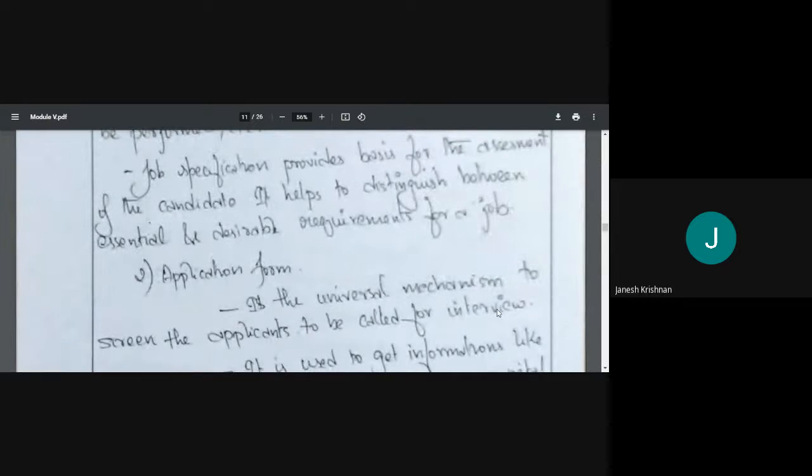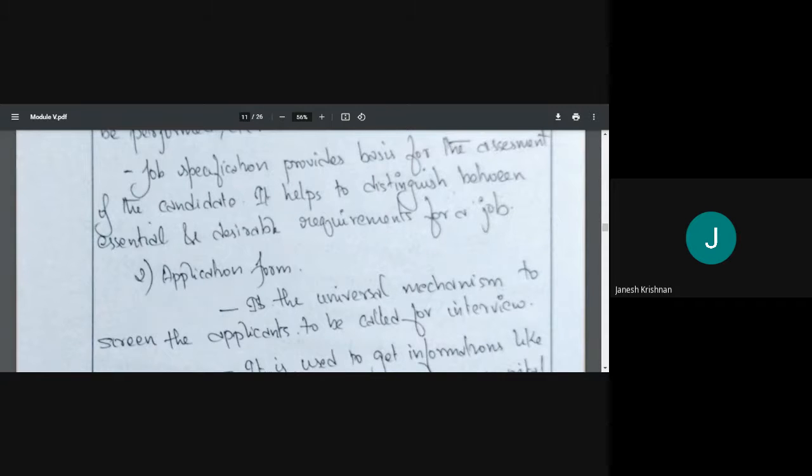Job specification provides the basis for the assessment of the candidate. According to my description, I need a senior site engineer, right? So I'll make the specification that he should have a minimum experience of 2 years or 3 years. If it is a junior site engineer, I'll go for freshers. Even if freshers are coming, no problem.